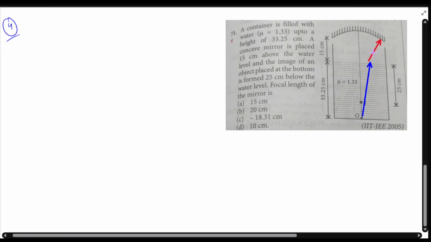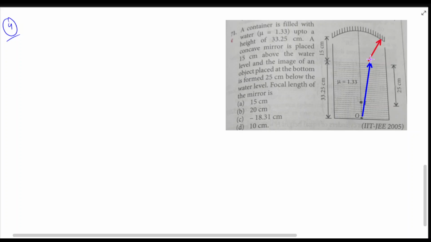Due to this refraction, an image will form. Now look, image can form here, right? Here or here after reflecting from this, and then the refraction will happen again and then image will form here.